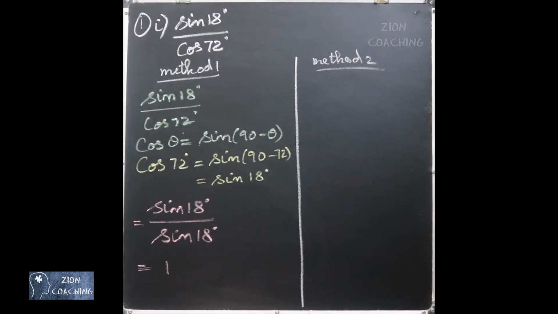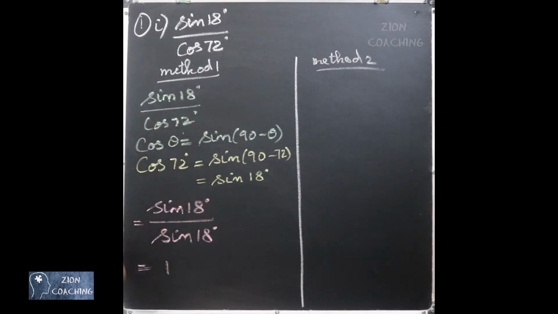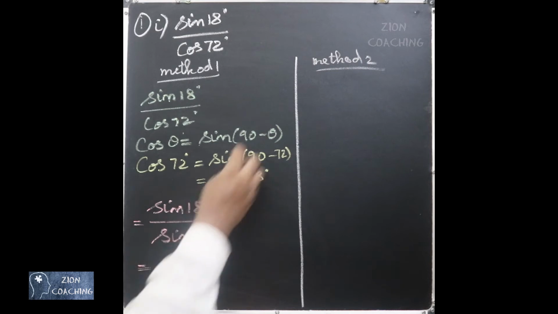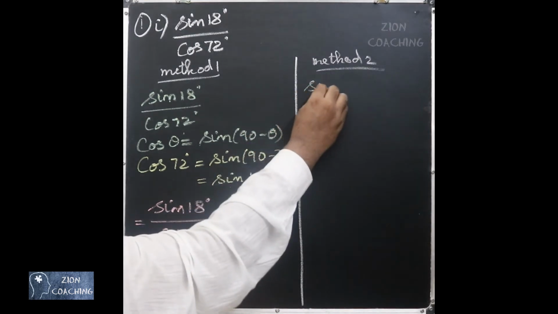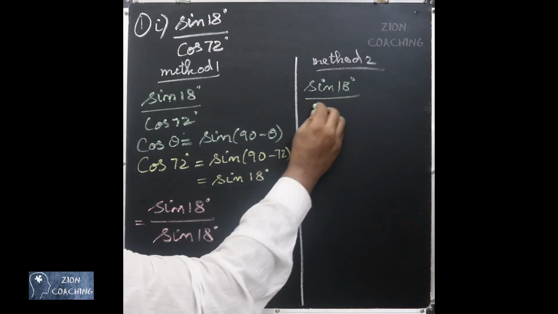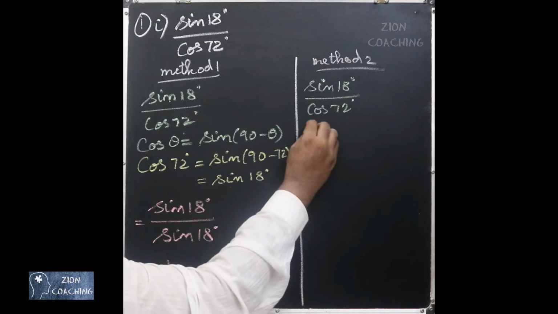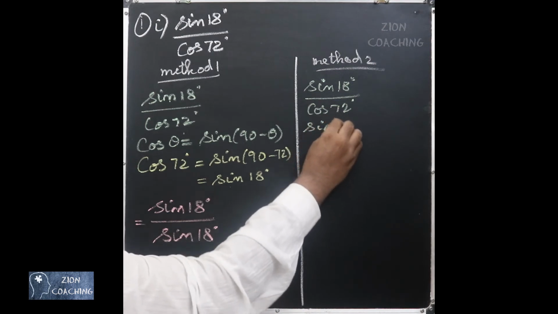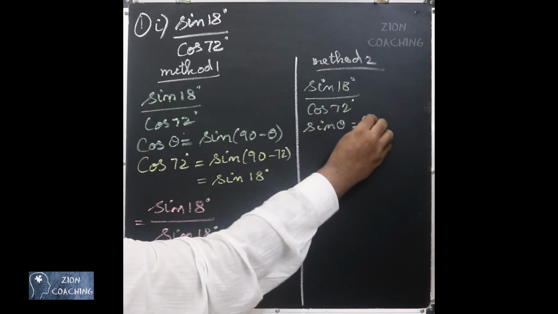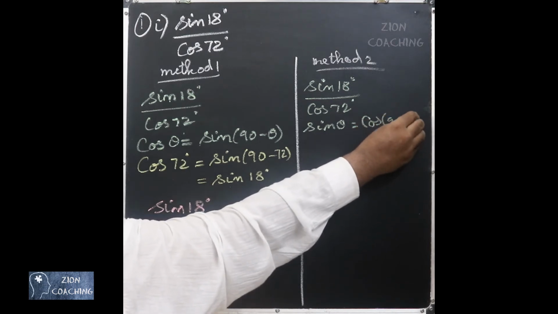Method 2, instead of changing cos, I am going to change sin using the formula. So we have the question sin 18 degree by cos 72 degree. Sin theta is equal to cos 90 minus theta.